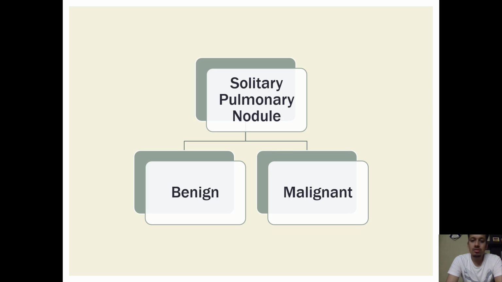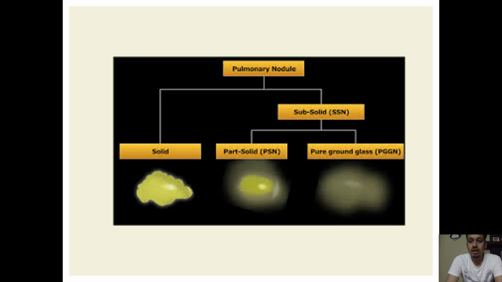An easy way to classify it is into benign and malignant. A more pragmatic definition for the clinician would be to classify it into solid, part solid or pure ground glass opacities. Solid solitary pulmonary nodules will be entirely like a brick or a stone, made up of a solid component, whereas a pure ground glass opacity would be more like a cotton ball.